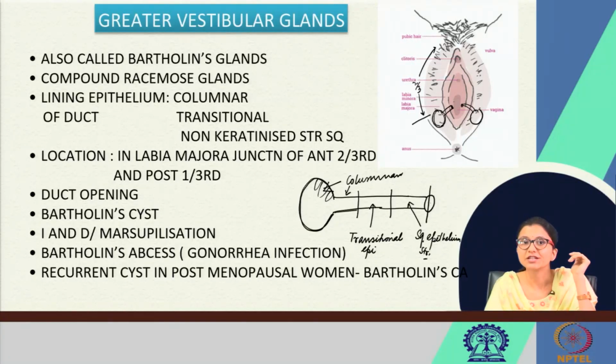Coming to location, we have told it is at the junction of anterior 2/3 and posterior 1/3 of labia majora. Duct opens into the vestibule in the groove between the vagina and the labia minora.